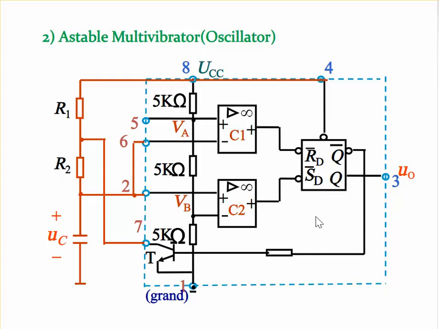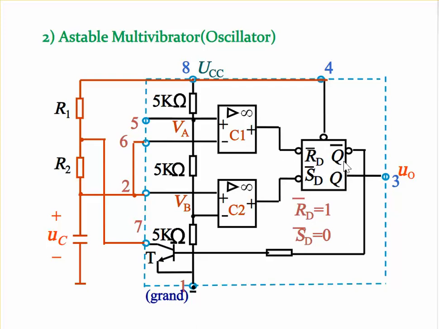So here we can see very clearly. This is the connection, and this is the capacitor charging through the resistors R1 and R2. First, the capacitor charge is initially 0. Then, as I told you, this first comparator has 2 by 3 VCC, so that will go to 1. So the reset value will be there.